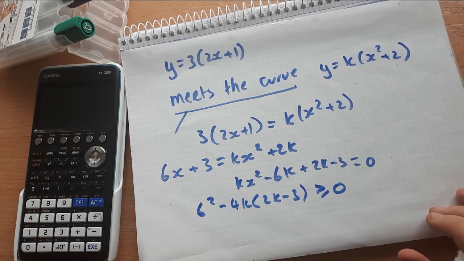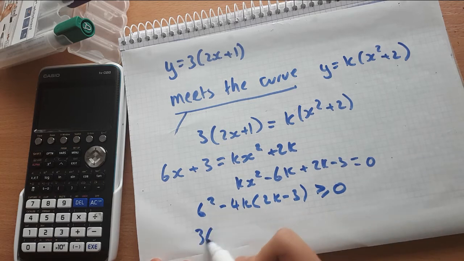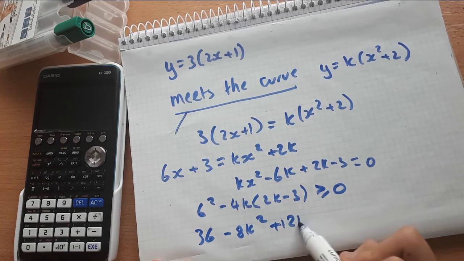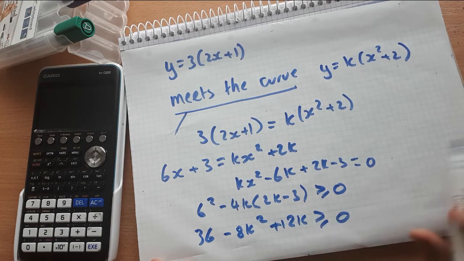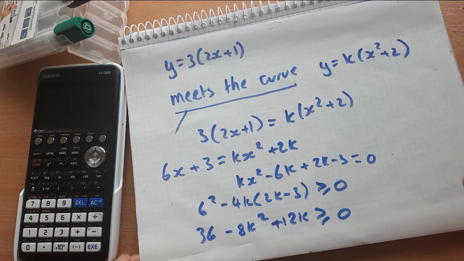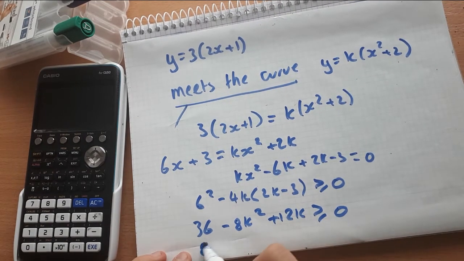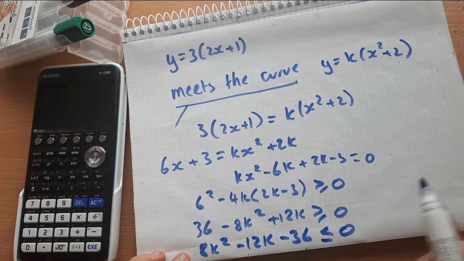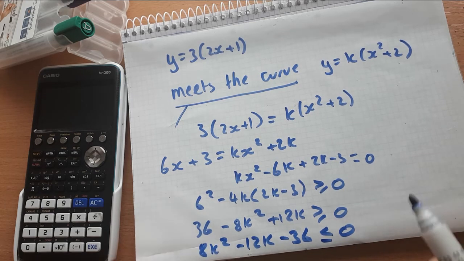Then expand that out. 36 minus 8k squared plus 12k greater than or equal to 0. Now I want our 8k squared to be positive, so 8k squared minus 12k minus 36 is less than or equal to 0. Now we have a quadratic which you can actually divide by 4, but I'll leave it.